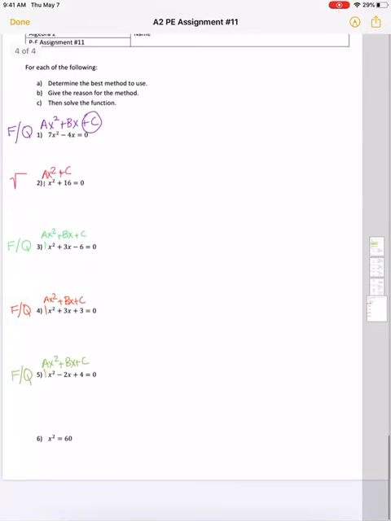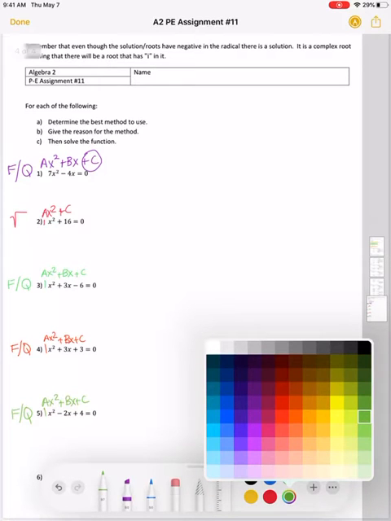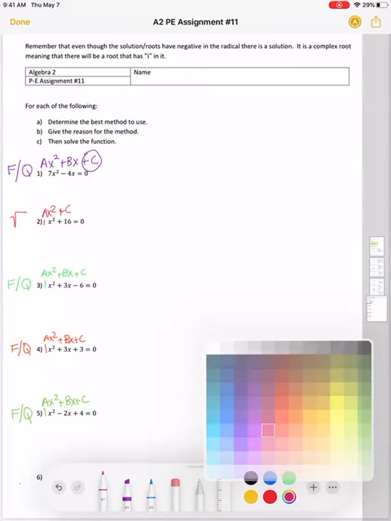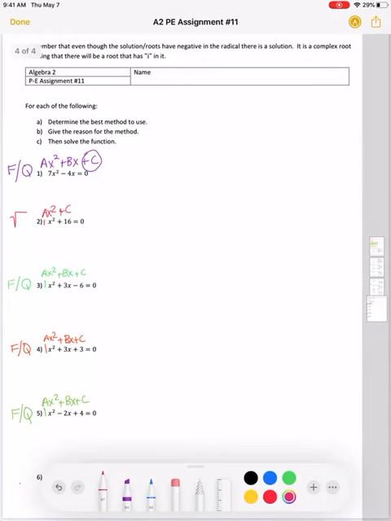Scroll down here to number 6. Number 6 is not in the correct order, and unfortunately it is also very hard to see underneath my pens. I'm going to turn my pen off again here real quick. Number 6 says x squared equals 60.